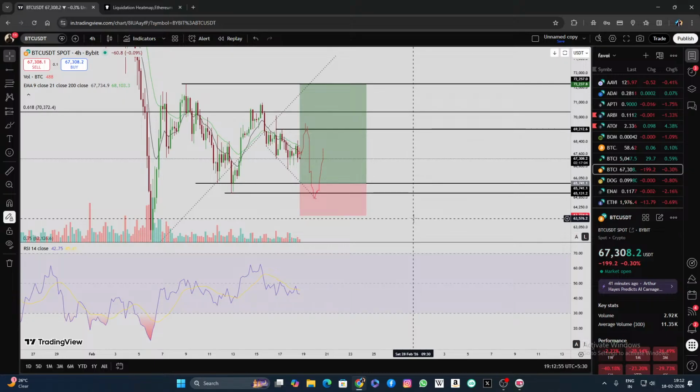I am giving a limit around 65.7k, and our second entry around 65k.